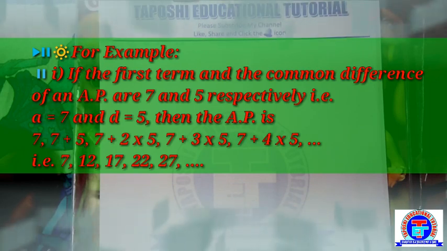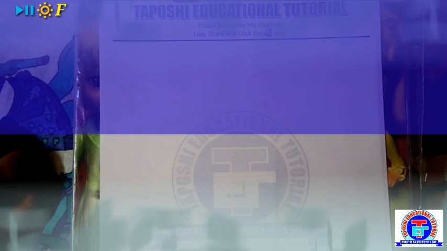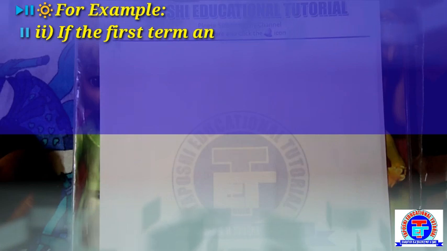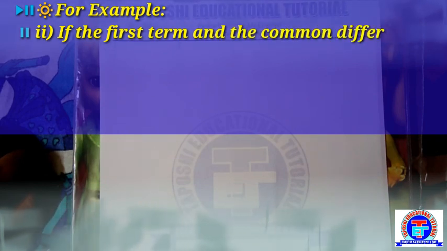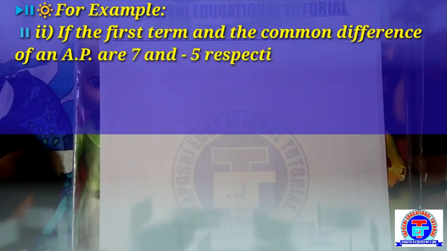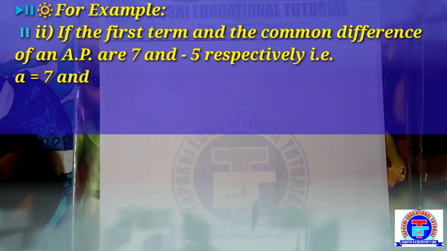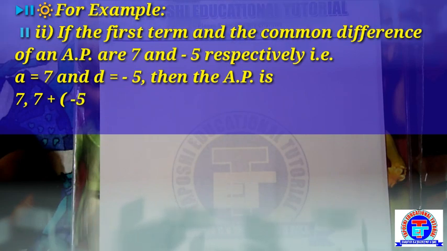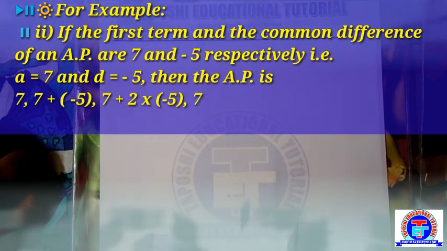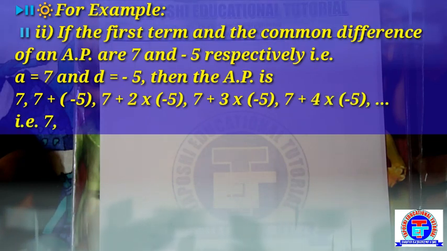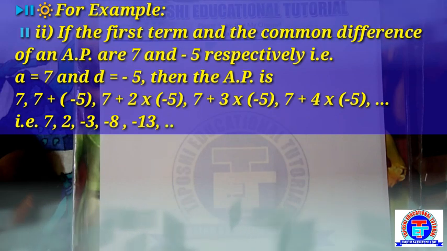Right, student? Number 2 example. If the first term and the common difference of an AP are 7 and minus 5 respectively, that is, A is equal to 7 and D is equal to minus 5, then the AP is 7, 7 plus minus 5, 7 plus 2 into minus 5, 7 plus 3 into minus 5, 7 plus 4 into minus 5, and so on.